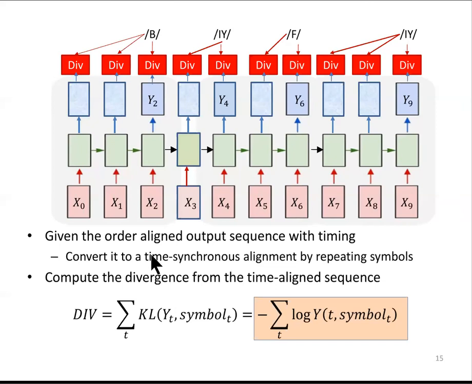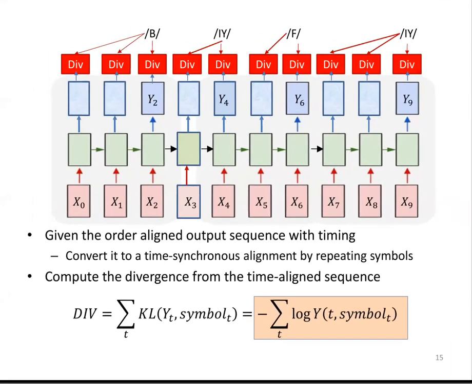So this we saw. Now, there's one key factor over here that you must keep track of because this matters. And that is that if we are using the Kullback-Leibler divergence as our divergence measure, then the divergence at any time is simply the negative of the log of the probability assigned to the target symbol at that time by the network.